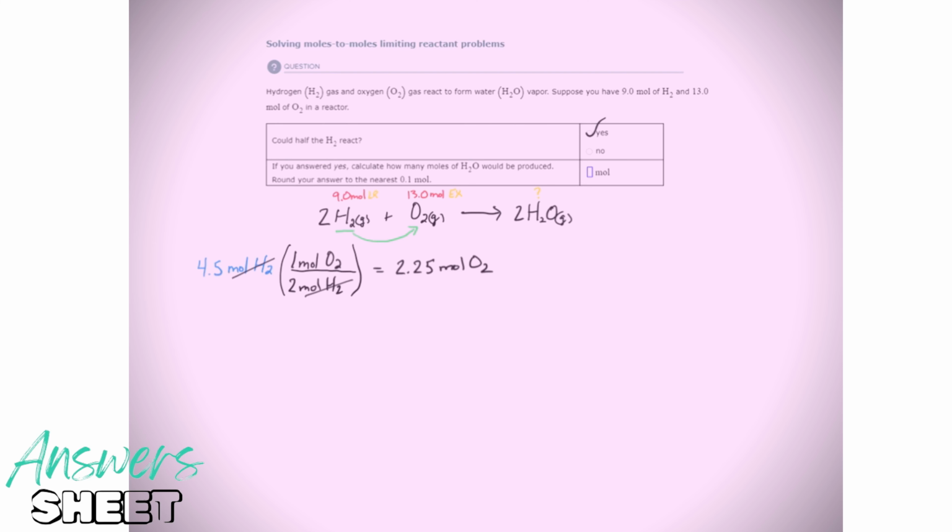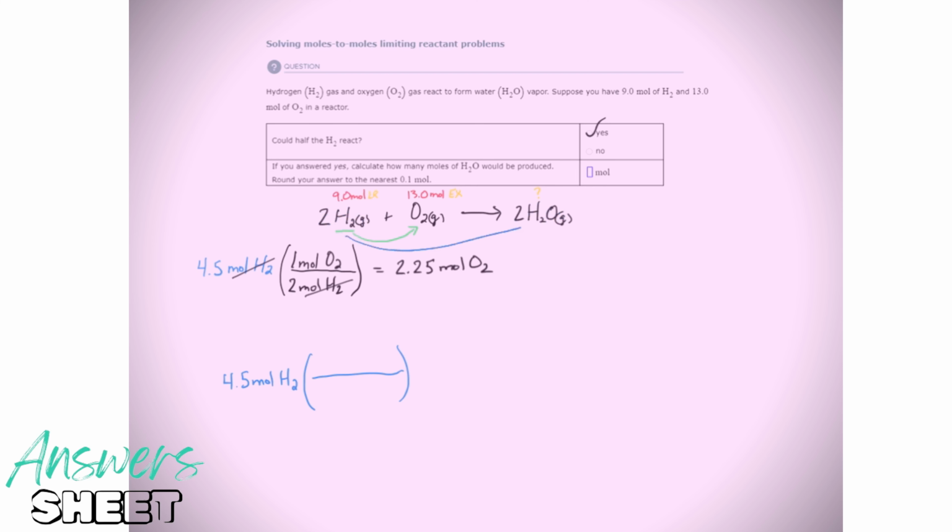So let's do that. 4.5 moles of H2. Because we're at moles, we can use the coefficients from the balanced equation to convert from this substance to this substance. So if I have 4.5 moles of this, how many moles of this will I make?